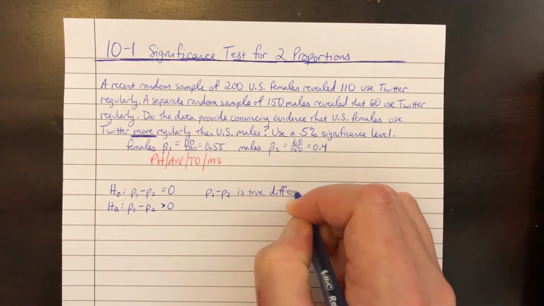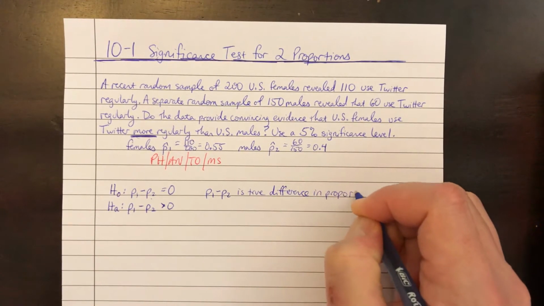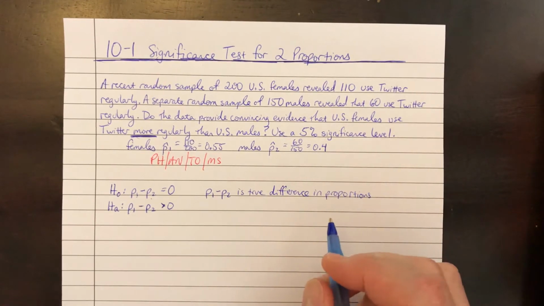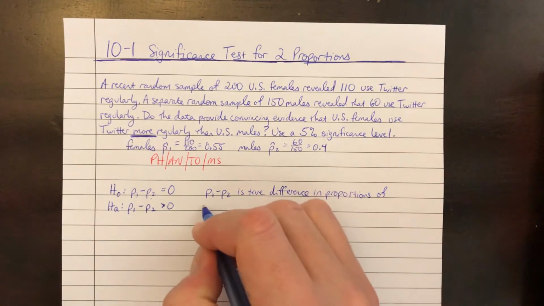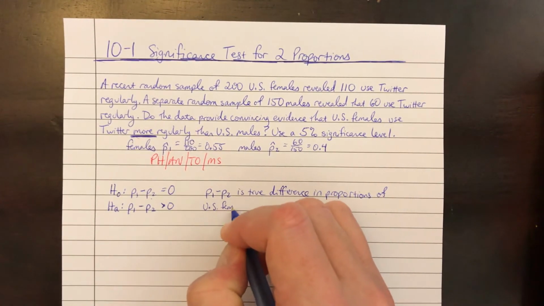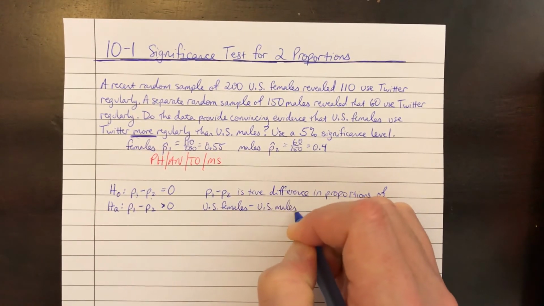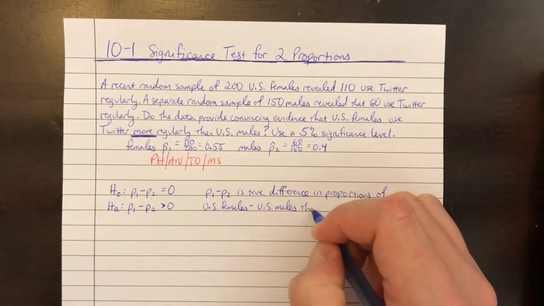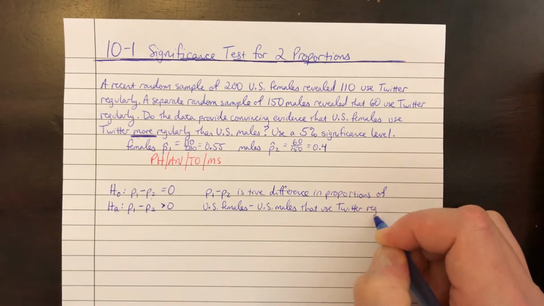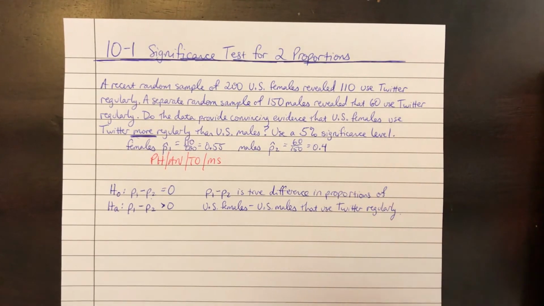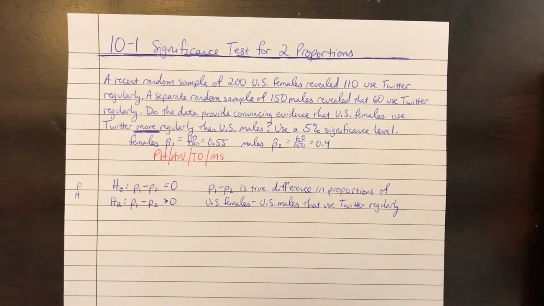So this is where we define the parameter: the true difference in proportions of US females minus US males that use Twitter regularly. Okay, so this is the P and the H on the side.